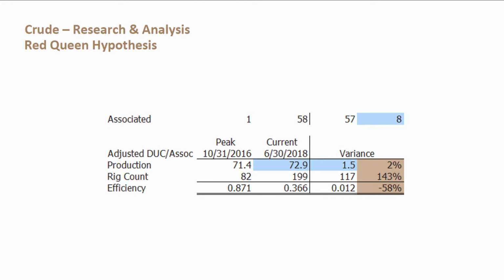So if you actually reduce production by that 8 BCF, you end up with only a total production increase adjusted for associated gas of 1.5 BCF over this period. You still have the same rig count growth of 143%, so that makes our variance and change in efficiency look even worse for natural gas. It's down 58% after considering those two adjustments.